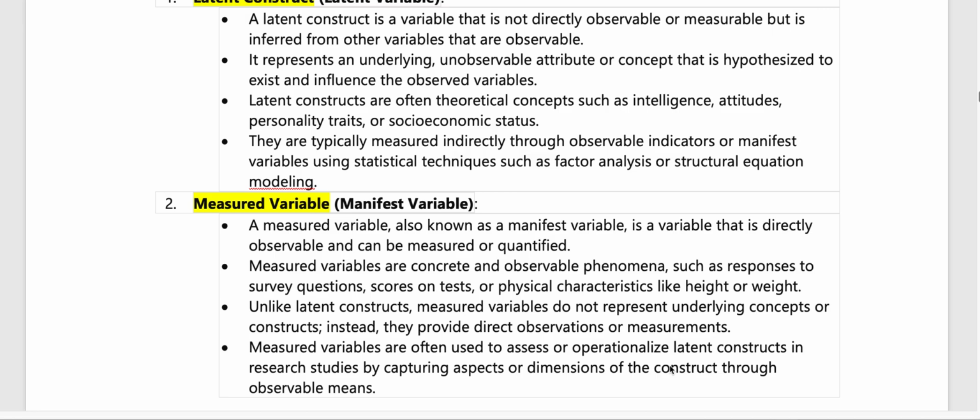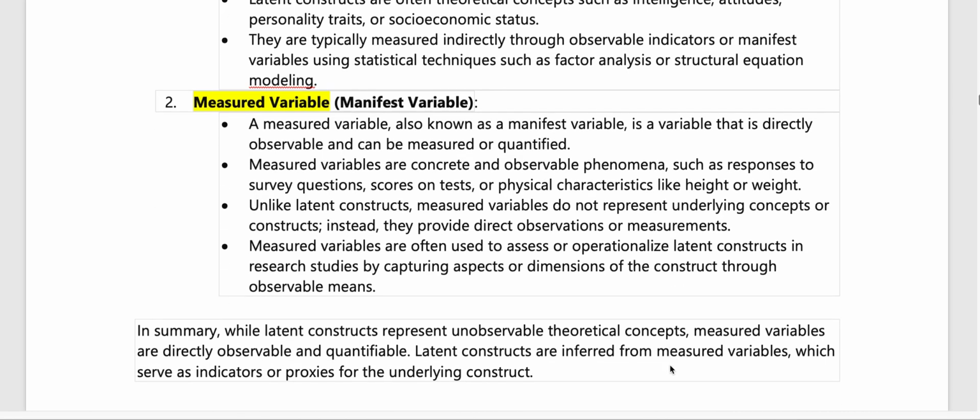Latent constructs are typically measured indirectly through observable indicators or manifest variables using statistical techniques such as factor analysis or structural equation modeling. Measured variables provide direct observation or measurement.